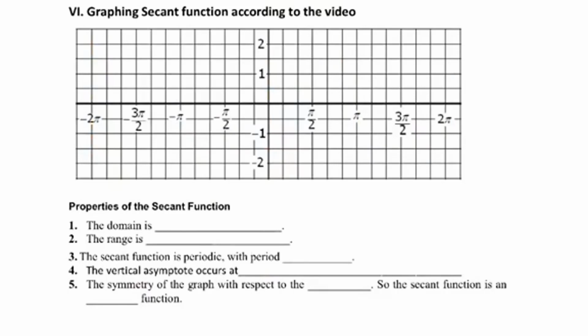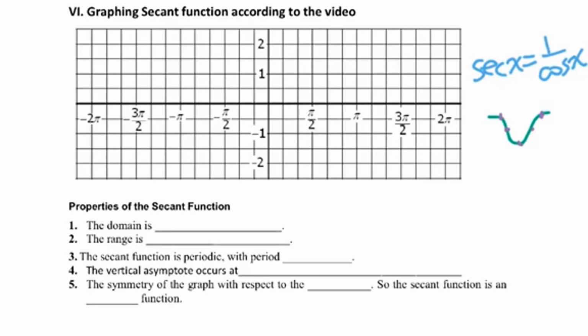Now let's graph the secant function. We know the secant function equals 1 over cosine x. So we will draw the cosine x first. Your pattern is like this. I need 5 points: 1, 2, 3, 4, 5.